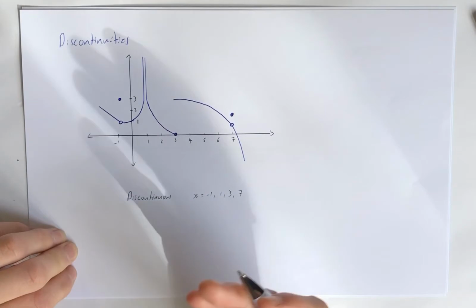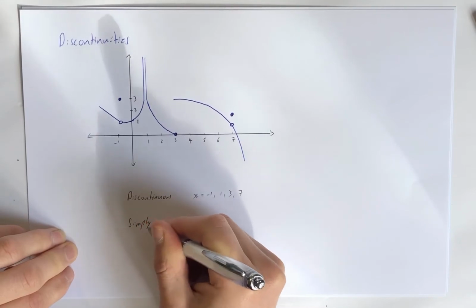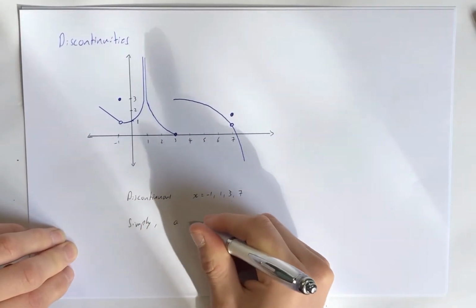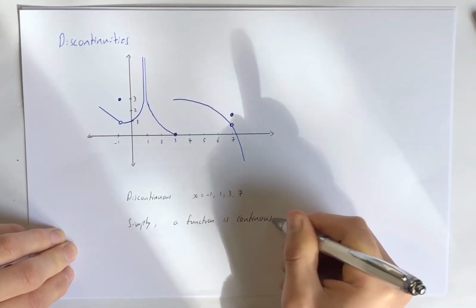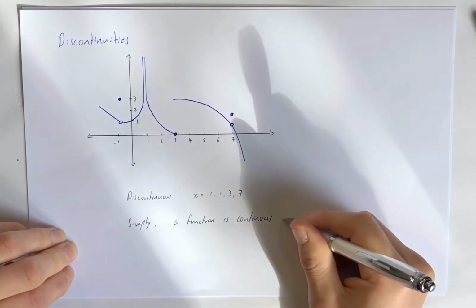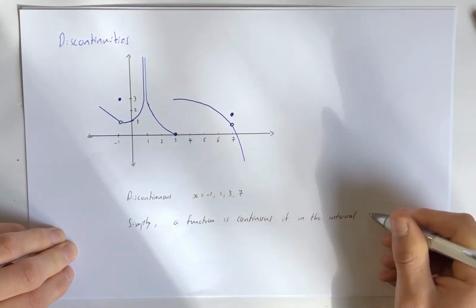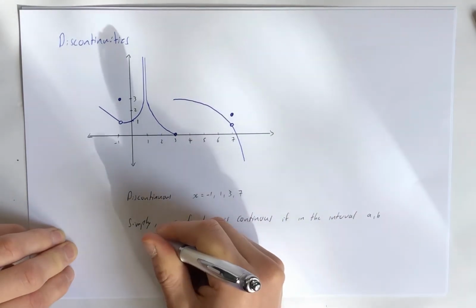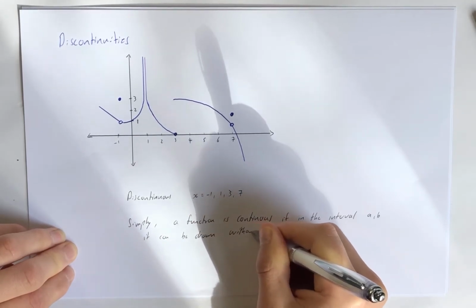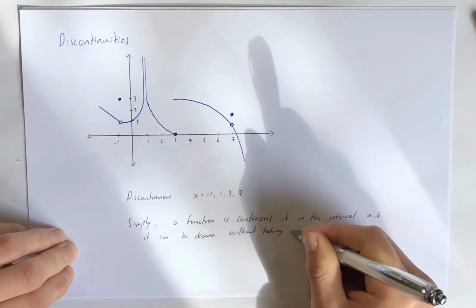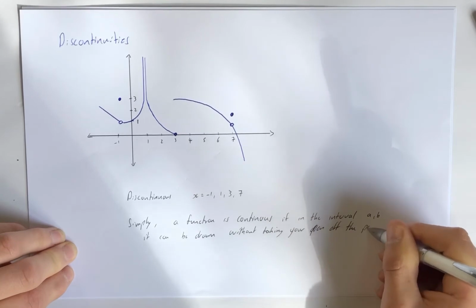So if we were to write down a definition, going for quite a formal definition here: a function is continuous if in the interval a, b, it can be drawn without taking your pen off the paper.